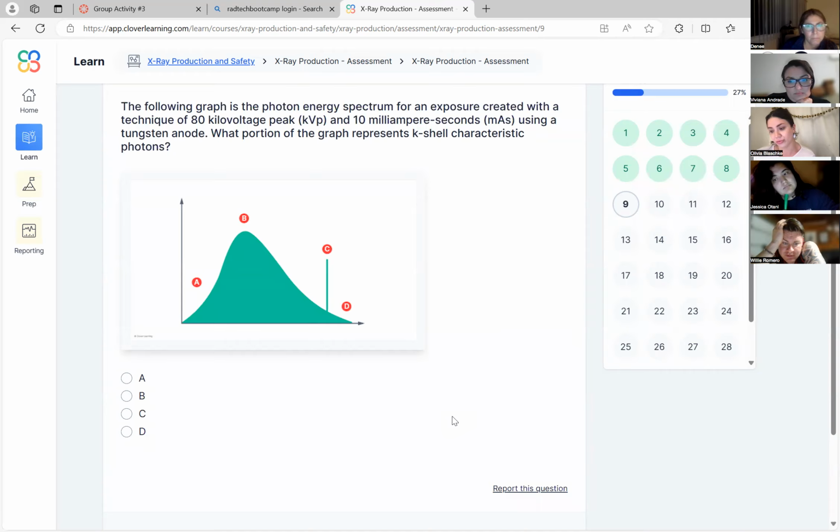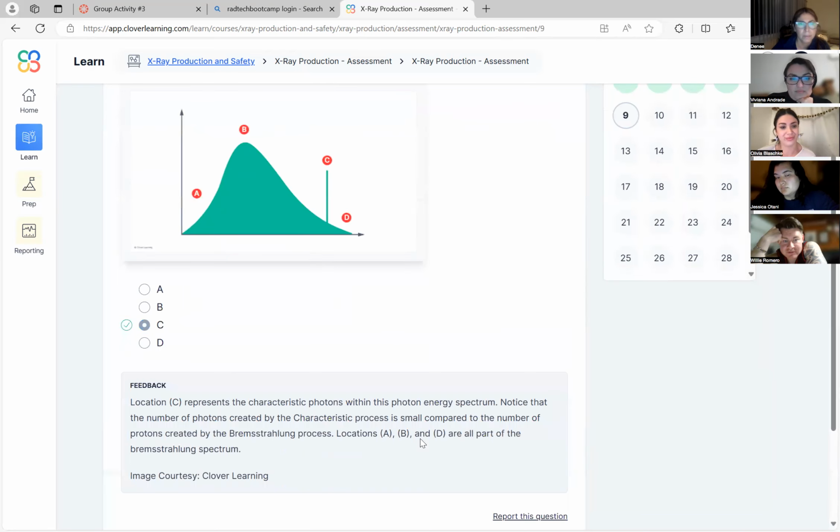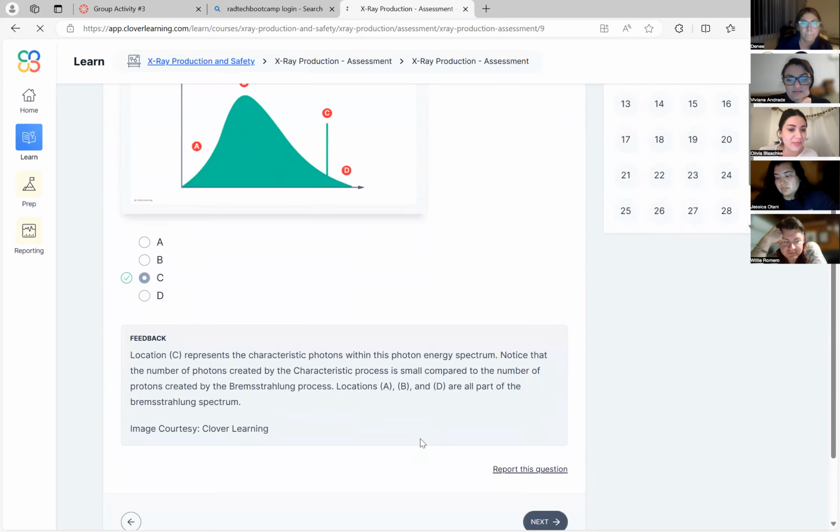I think I got this one wrong when I did it, because I picked B. I want to say it's C because that's the only part of the graph representing characteristic. Yeah, because B would be Bremsstrahlung since you see a lot more of that. Okay. So we'll go with C, hopefully. I think that's right. Yeah. Okay. Right, nice work.